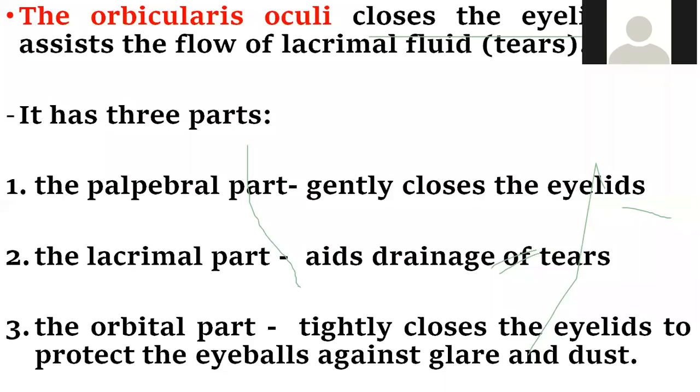Now, before we move on to the next discussion, I want you to take note of this, that our knowledge of anatomy of the face is essential when it comes to surgeries in the face. Remember, the face is highly vascularized and heavily innervated.